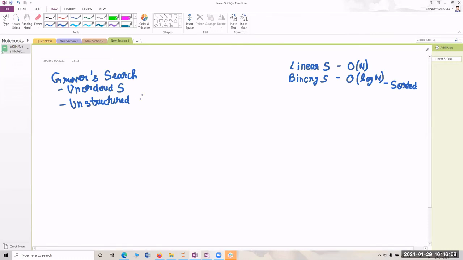So this is also known as an unstructured search. In the classical case, if your database is unstructured, it will really take a long time to do linear search or binary search. But in the Grover search, what we see is that we get a potential speed up. We get a quadratic speed up in Grover's case.